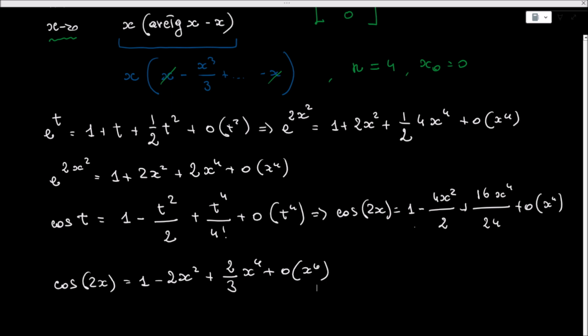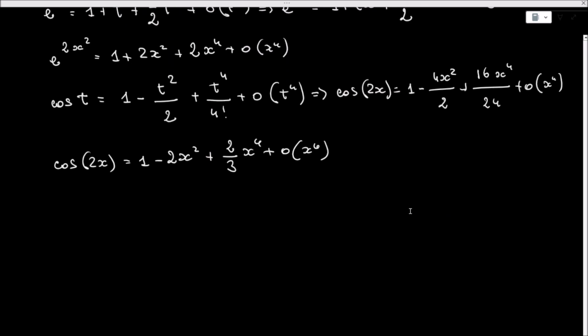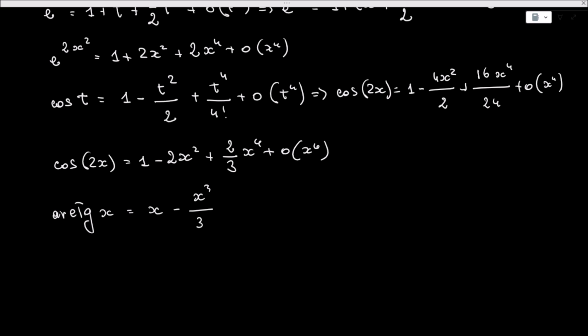Okay. Finally, the arctangent of x. Well, we saw that this can be expanded up to x to the cube divided by 3, and of course the remainder is little o of x to the 4 because the even powers are missing.